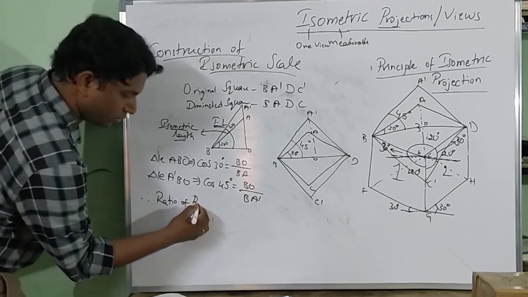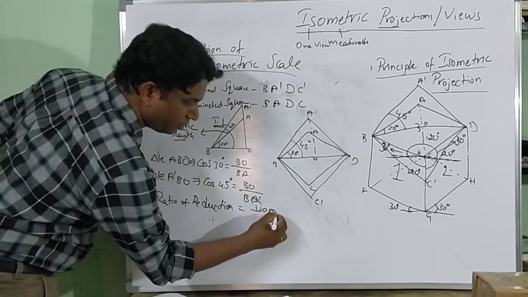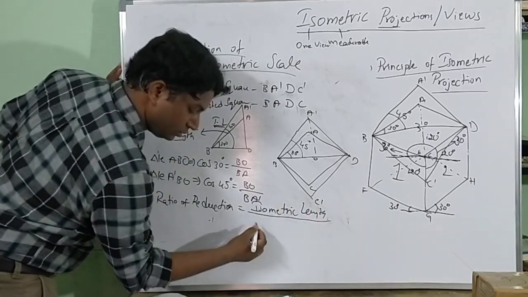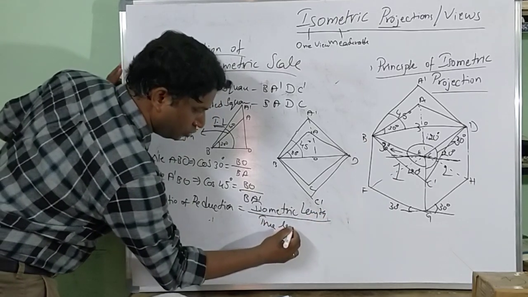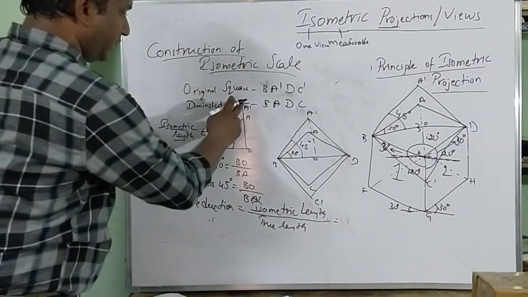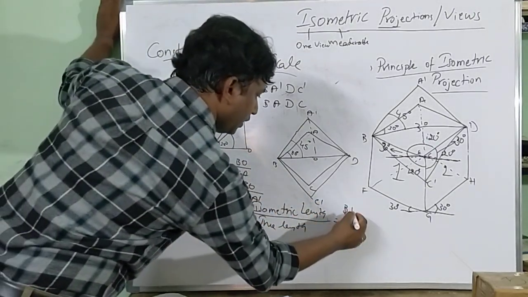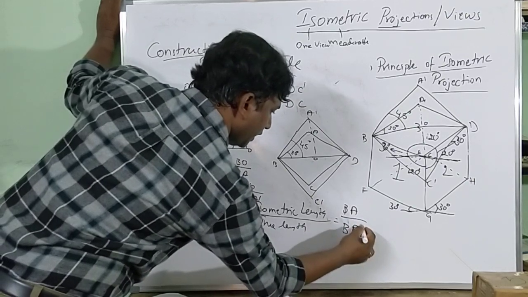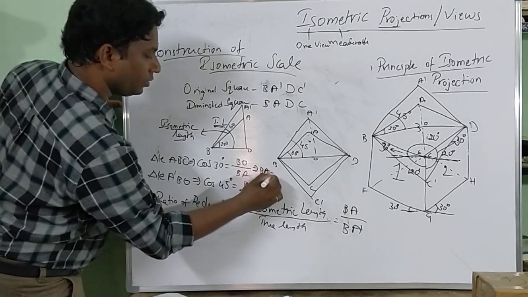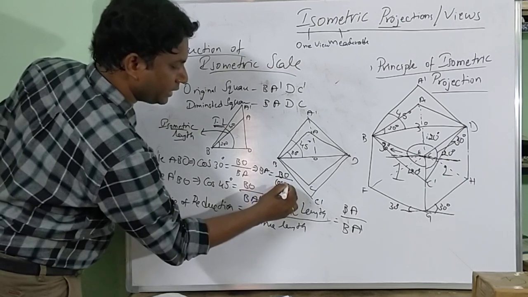Ratio of reduction, isometric length by true length. What is isometric? Isometric length is BA, true length is BA dash. From here, what can I write for BA? BA equals BO by cos 30.